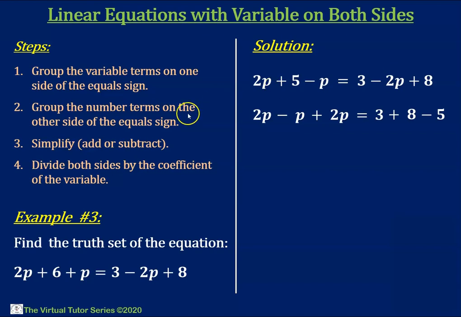Now let's add or subtract like terms. On the left hand side, we have 2 minus p plus 2 to be 3p. And on the right hand side, we have 3 plus 8 minus 5 to be 6.